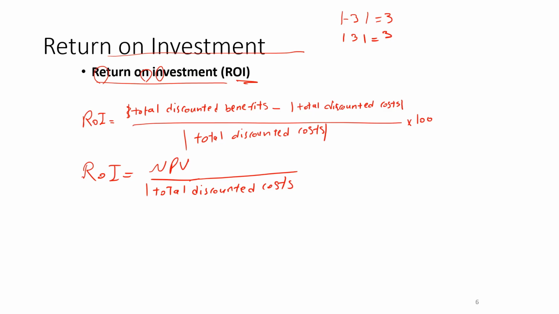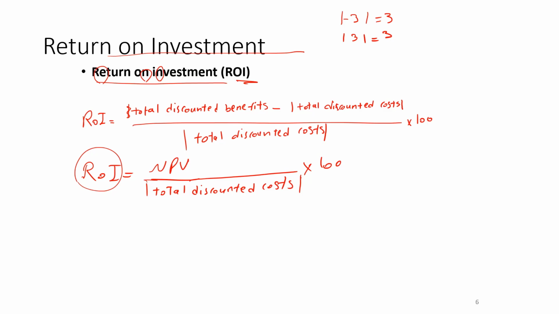Now from the previous example where we calculated NPV for a 2-year project, as you remember in the previous slides, I want to calculate ROI for that project as well. So ROI is NPV over absolute of total discounted cost multiplied by 100%, just to show it as percentage.